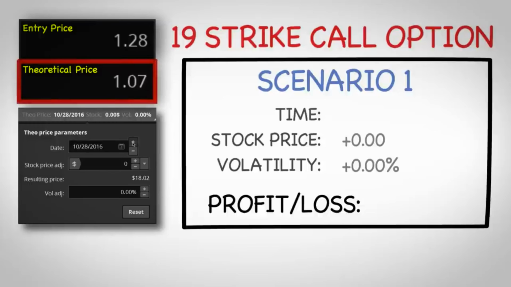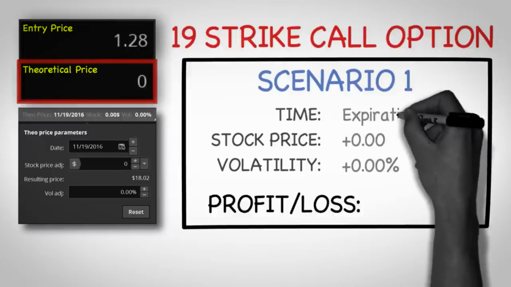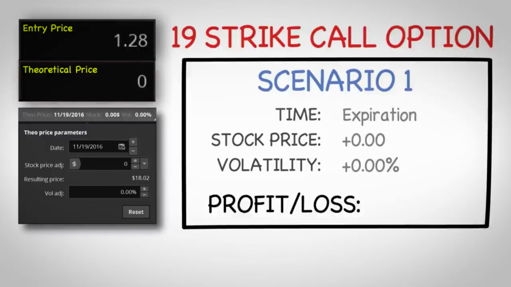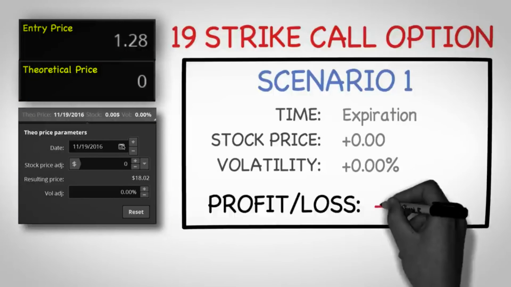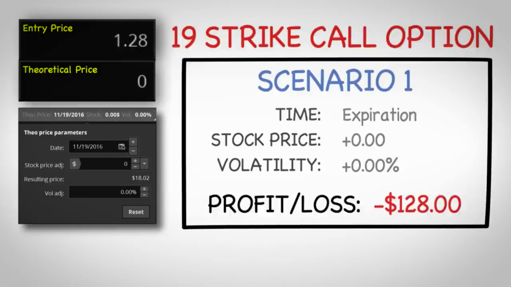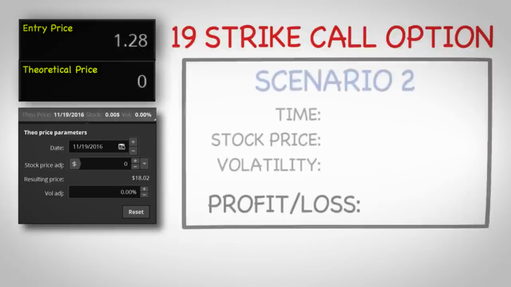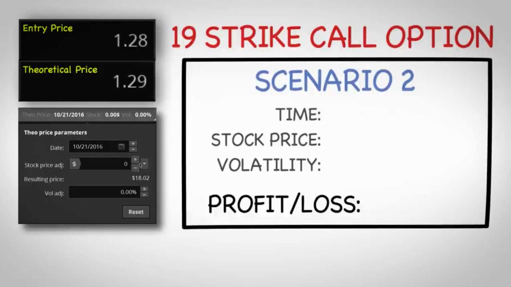You can see that as each day passes, this option's price is decaying and gradually going to zero. So if this scenario were to happen, you would lose the entire price you paid for the option, which was $128. Okay, now let's say the price of Twitter goes higher immediately after entering the trade.